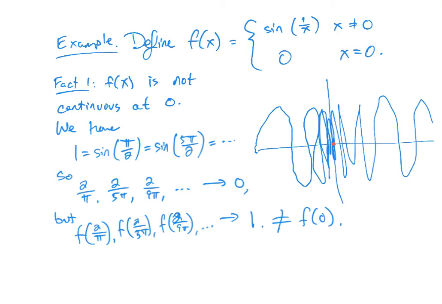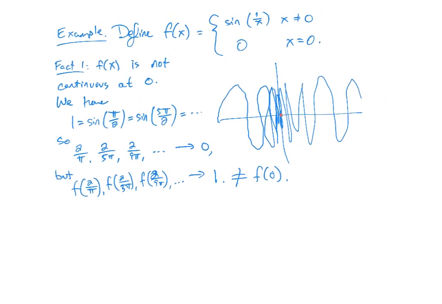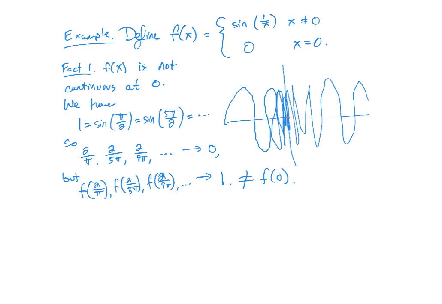Now, I really do want to end this lecture on time, so I'm just going to say, why do we satisfy the intermediate value theorem? So fact 2, this function satisfies the IVT. Okay. Consider an interval.